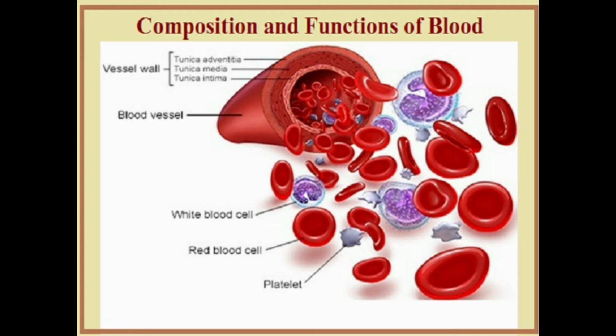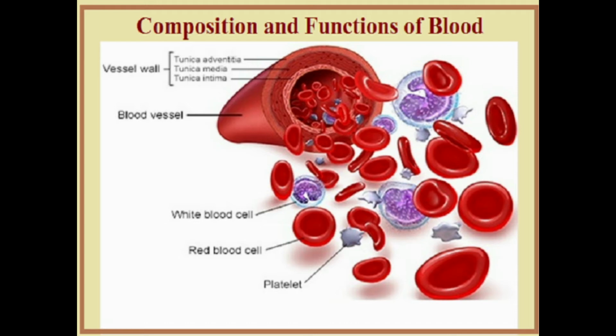In that you can see a white blood cell, which is not red, it has no color. Then the red ones are known as the red blood cells, which give red color to the blood. And one more thing is there, that is known as the platelets. Now we will see the function of all these things one by one.